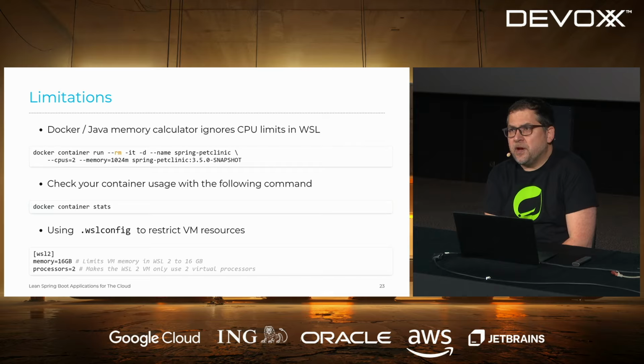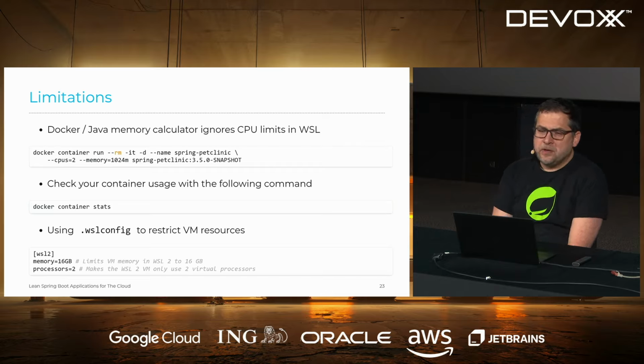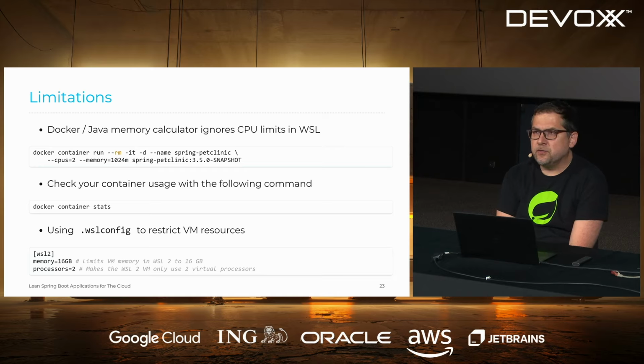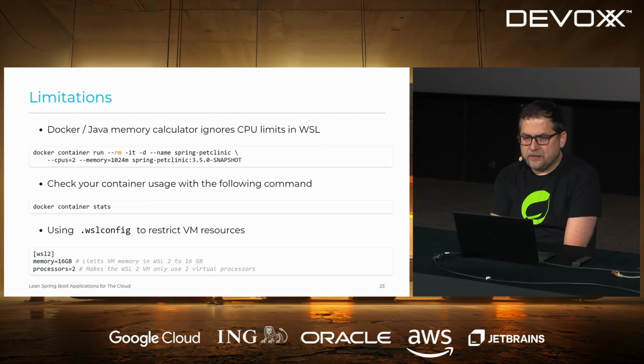So sometimes when you run your measurements, you have to pay attention depending on what kind of environment you're running. And it was for quite a while that, for example, Docker and how the memory was calculated was done wrong in the WSL under Windows. So as you probably have seen, I'm using a Windows machine.